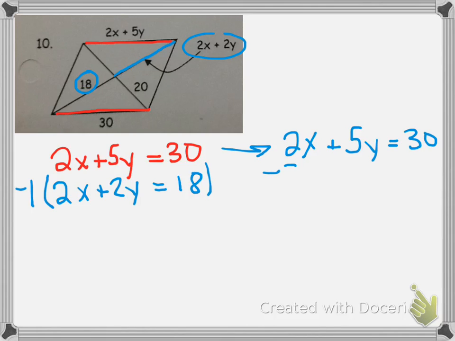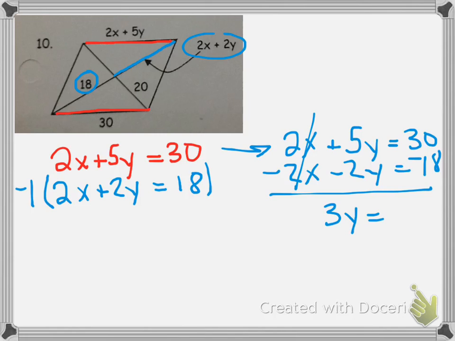This is now negative 2x minus 2y equals negative 18. Those cancel. We have 3y equals 12. So y is equal to 4. So we'll do that. Y equal to 4.